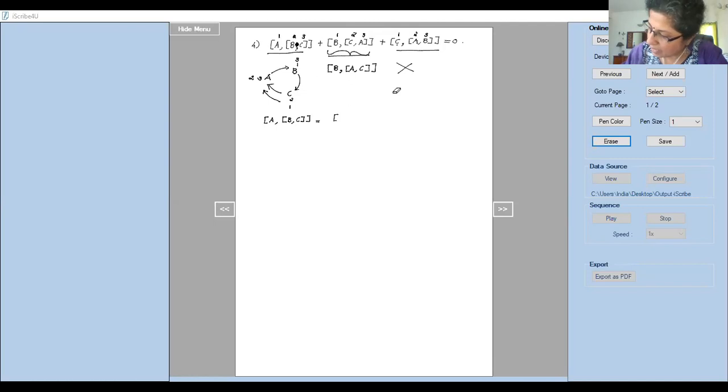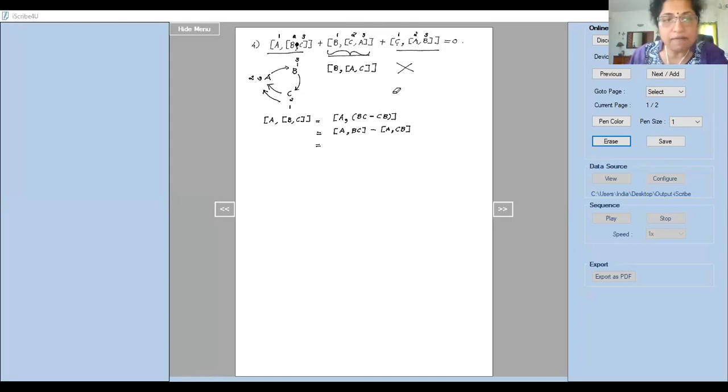It is basically A comma, you have now BC minus CB, correct? This is the commutator, which is going to be using property 2. You can write it as [A, BC] minus [A, CB]. Correct?